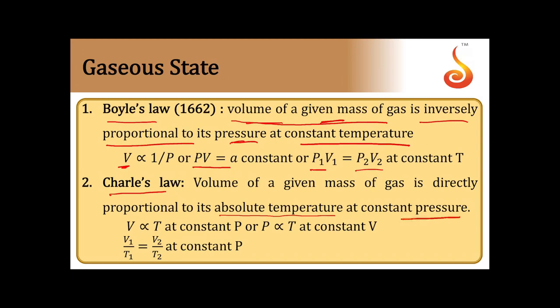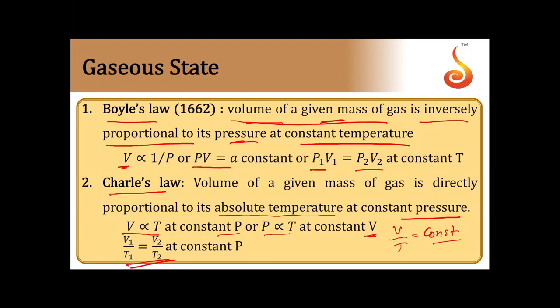So mathematically V is proportional to T at constant pressure, or we can say P is proportional to T when volume is kept constant. When V is proportional to T, V by T remains constant, and therefore V1/T1 = V2/T2 can be used while doing numericals.